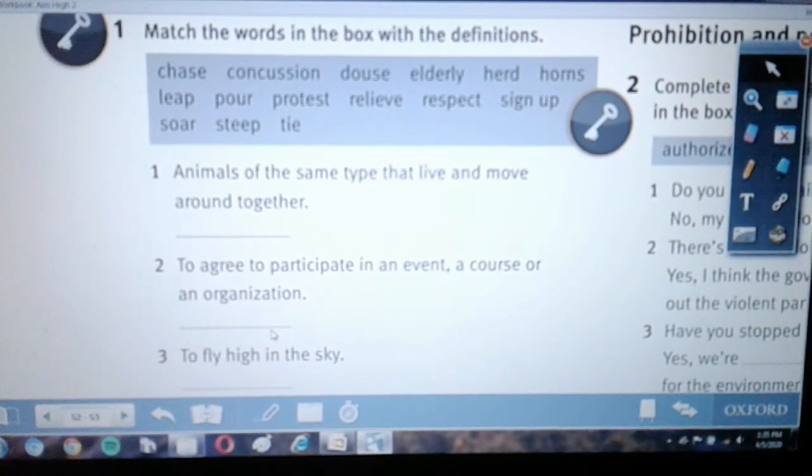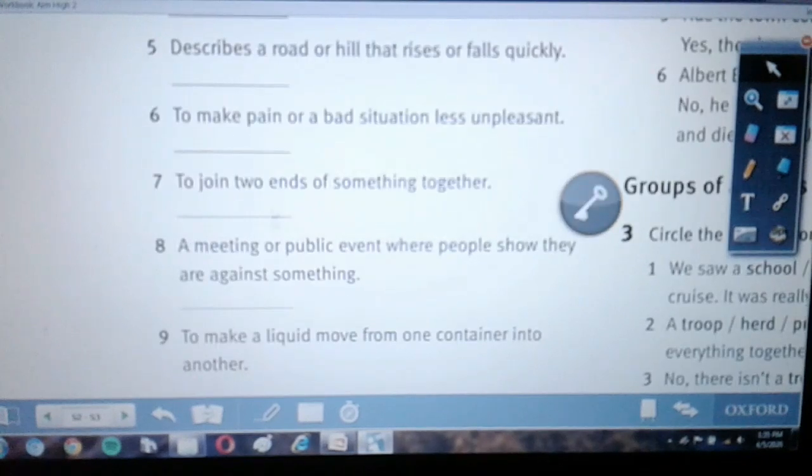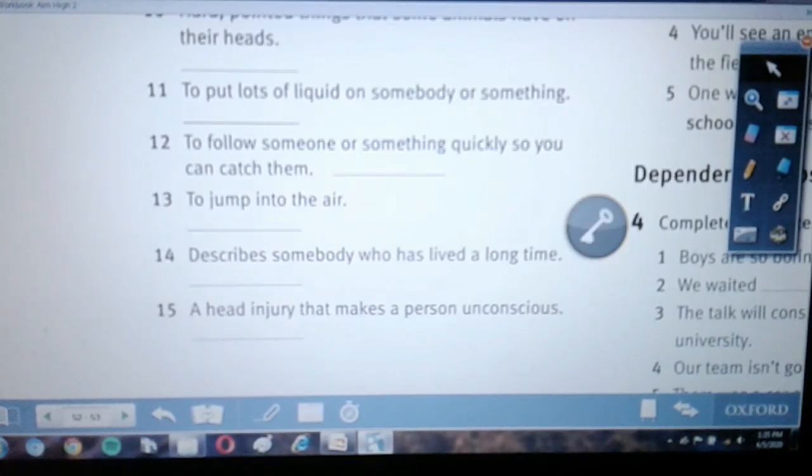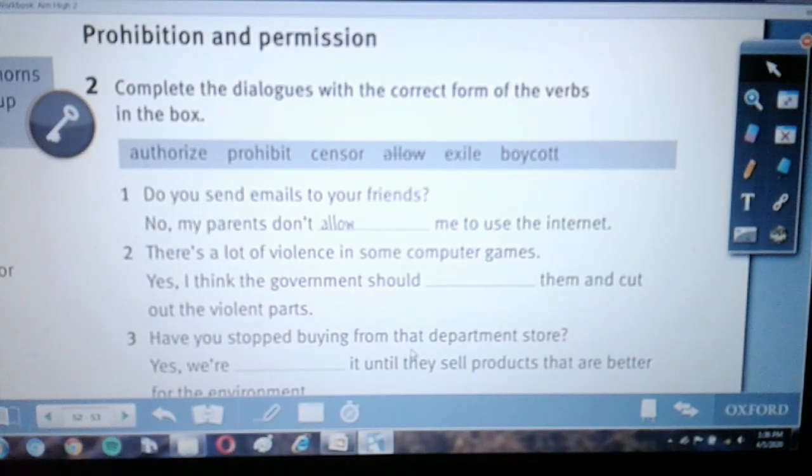Here, from number 1 till number 15. After that, you need to do part 2, in which you have to complete the dialogues with the correct form of the verbs in the box. So pay attention, you need to use the correct tenses.